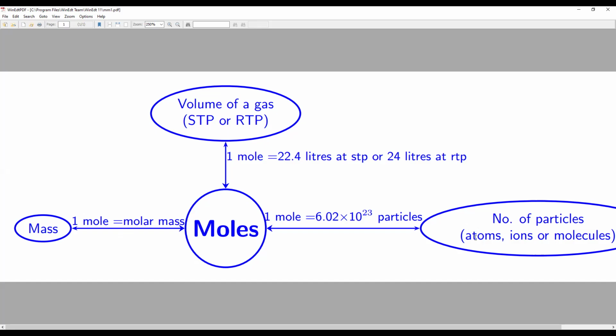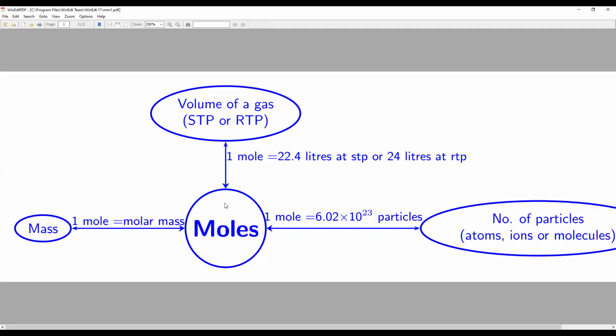The particles can be atoms, ions, or molecules. So to move from moles to particles and also from particles back to moles, what do we use? We use 1 mole is equal to 6.02 times 10 power 23 particles.